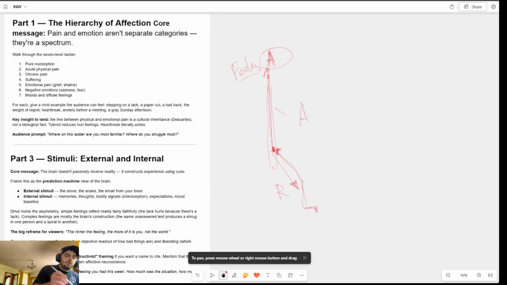Some acute physical pain, then chronic pain. That's the next stage, right? When, like, there's a pain in the stomach or pain in the head, and it's just not stopping. So let's say we have neurons there, and they're going to our pain center in the brain.